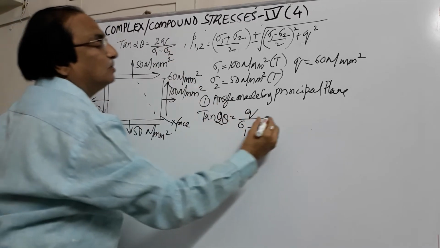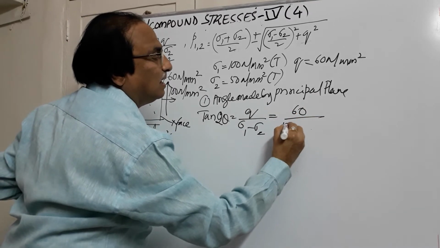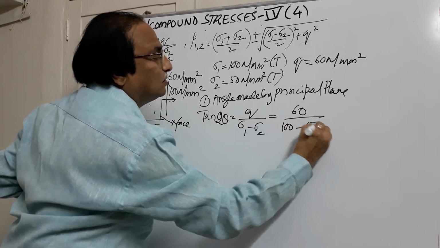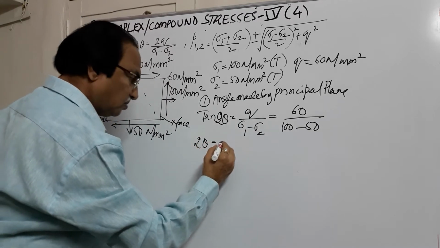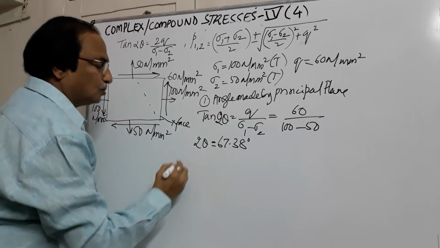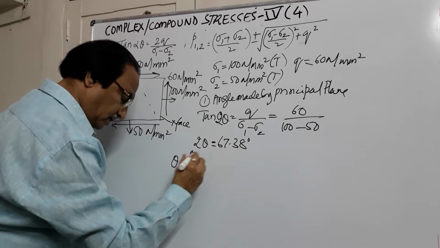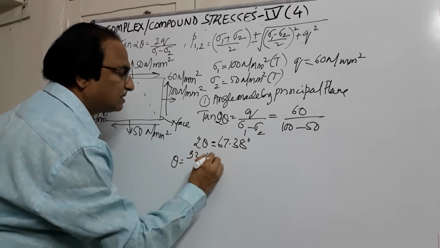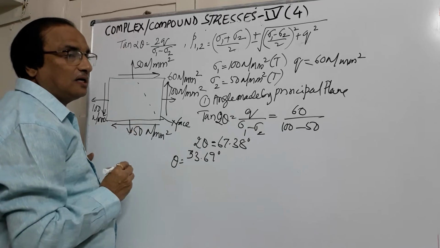If I substitute the values, q is 60 divided by 100 minus 50. If you simplify, you get 2 theta equal to 67.38 degrees. We need theta, so this will be equal to 33.69 degrees. So there will be two planes perpendicular to each other.